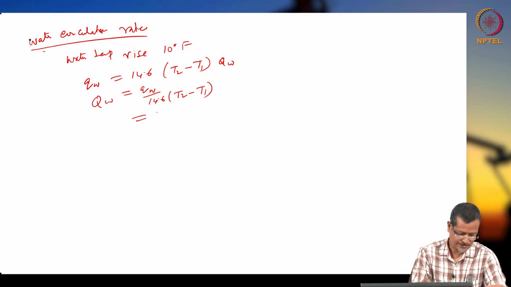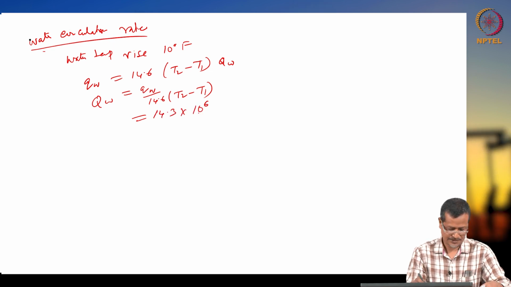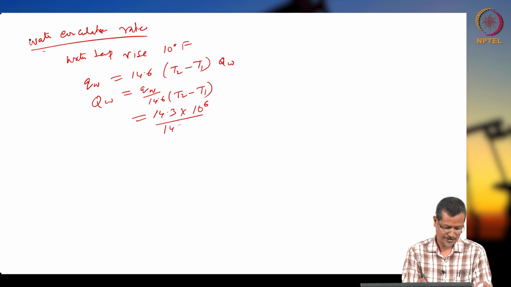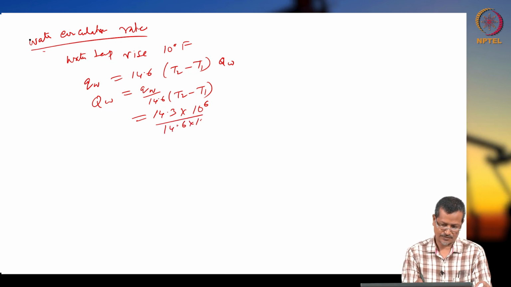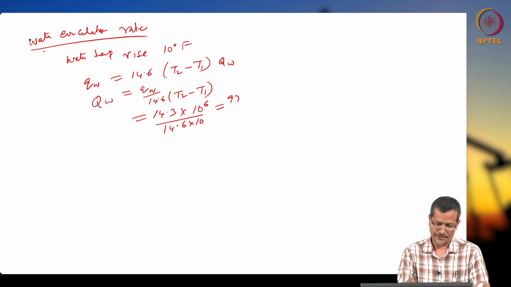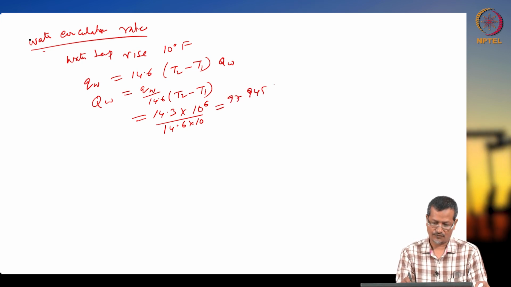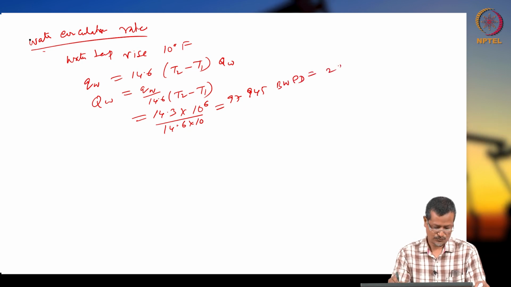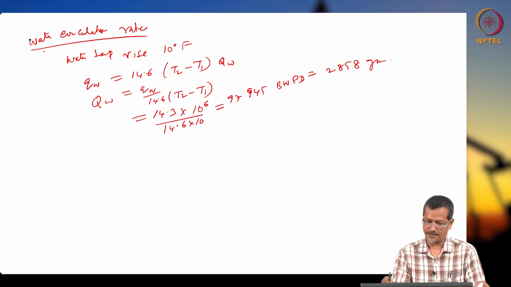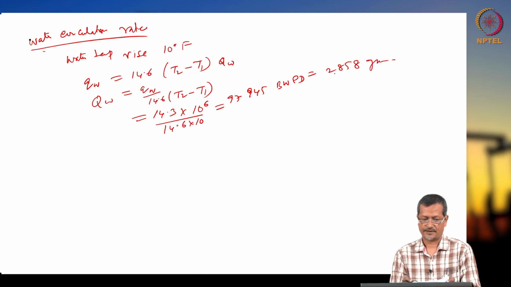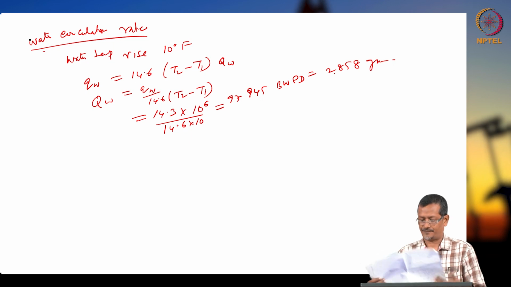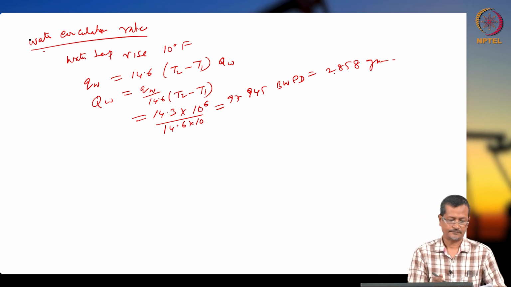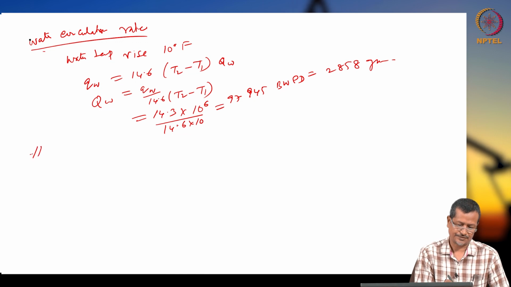So, this is giving 14.3 times 10 to the power 6 divided by 14.6 into 10, equals 97945 BWPD, equals 2858 GPM. Okay, so this value is coming. So, one more part is there: heat exchanger, number of tubes.